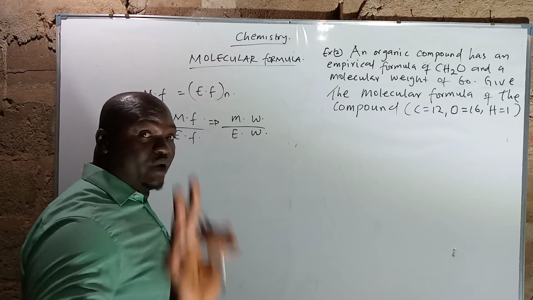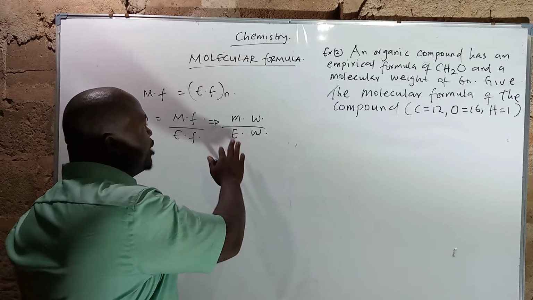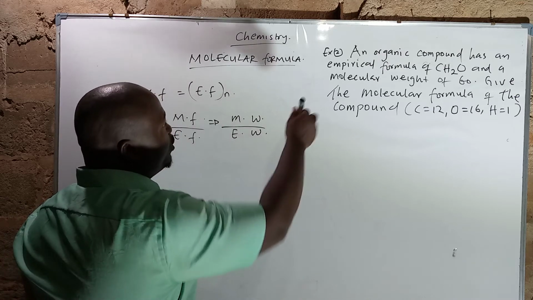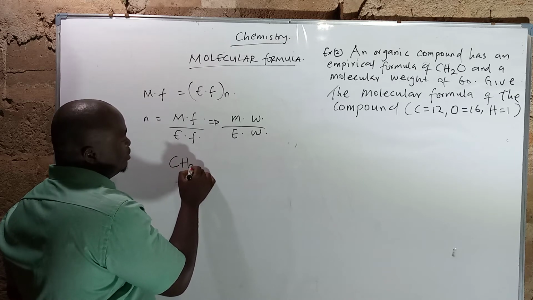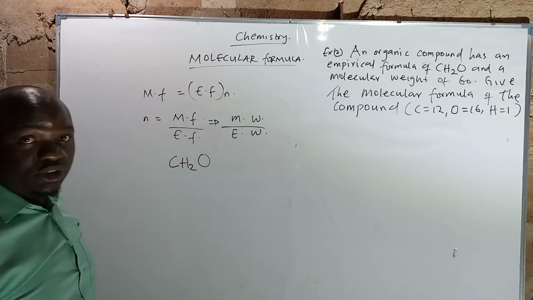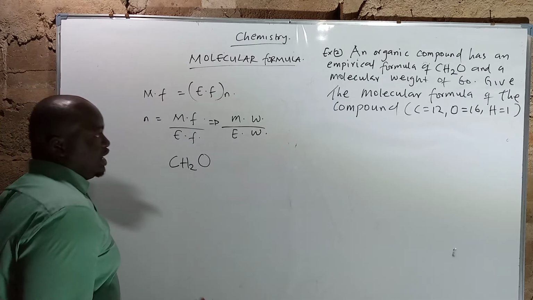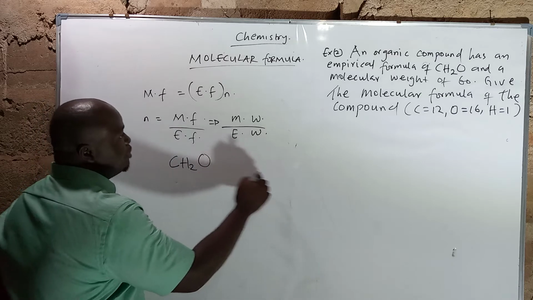Now, we don't have the empirical weight, but we can get it, because from the board we already have the empirical formula. So I can actually calculate and get the empirical weight, or we can call it mass.